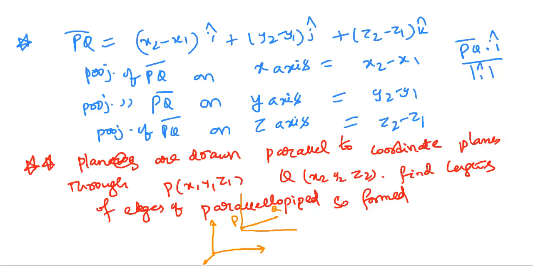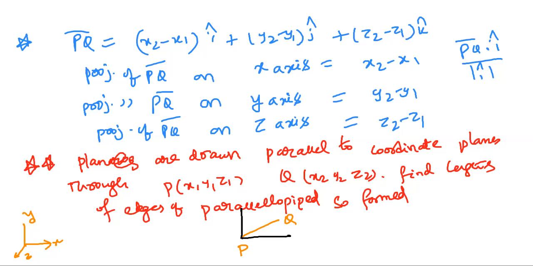Suppose I draw something like this. Let me draw clearly here directly. This is the direction of x-axis, y-axis, and z-axis. Let me keep P at origin and take this as Q, for example. Now I want to draw planes parallel to them, x, y, and then z.